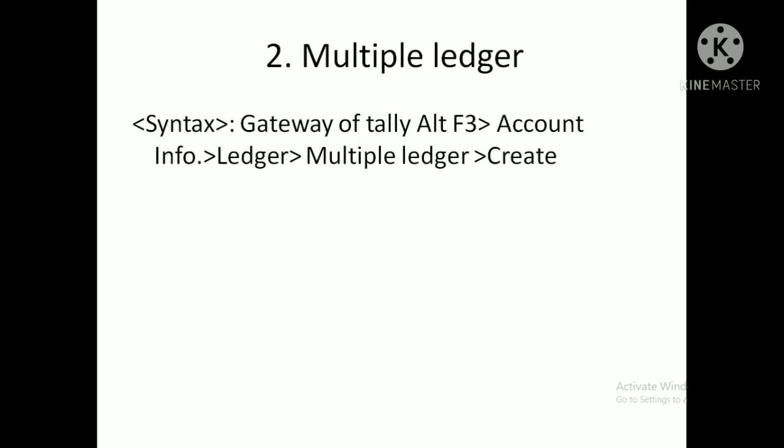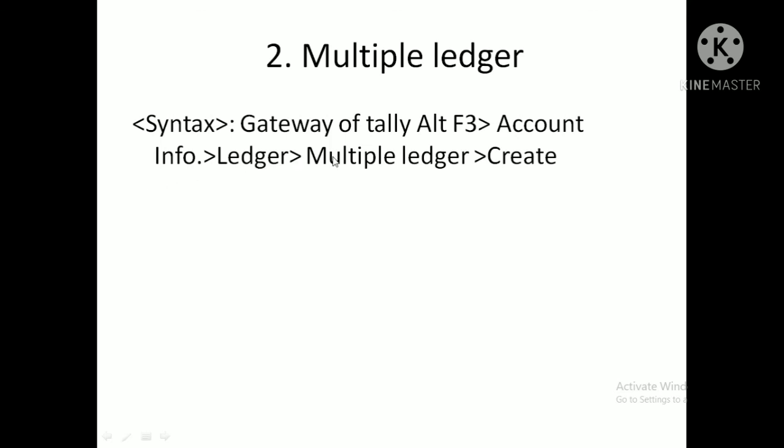Then in case of multiple ledgers, what is the syntax? In the same way, from the Gateway of Tally screen, which we can get by pressing Alt F3, select Account Information, then from that select Ledger.